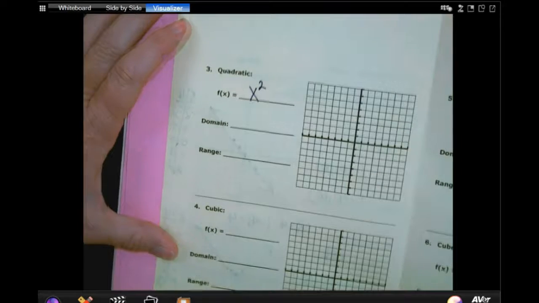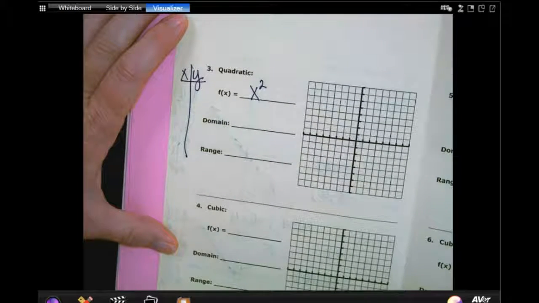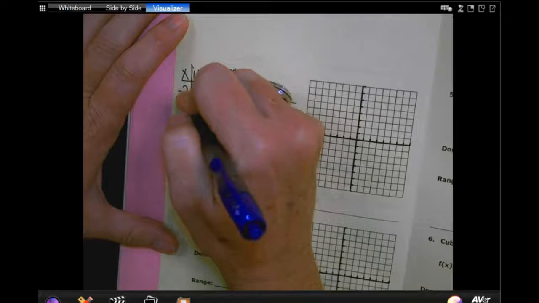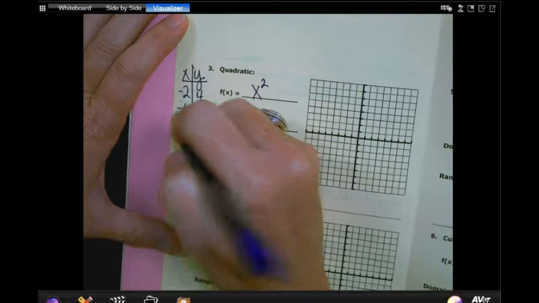So the next one is the quadratic, which is y equals x squared. So if I put -2 in for x squared, I get +4. If I put -1 in for x squared, I get 1.